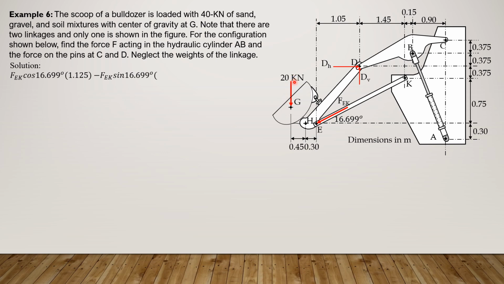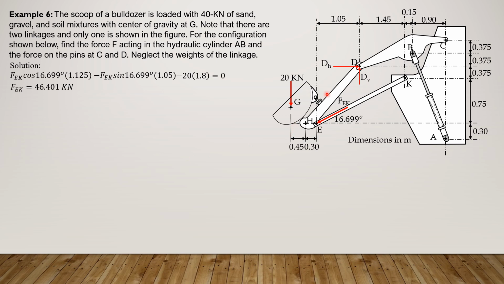Then minus 20 times 0.75 plus 1.05 is 1.8. So minus 20 times 1.8 equals 0. Solving for FEK, it is equal to 46.401 kilonewtons. And since it is positive, our assumed direction for FEK is correct.